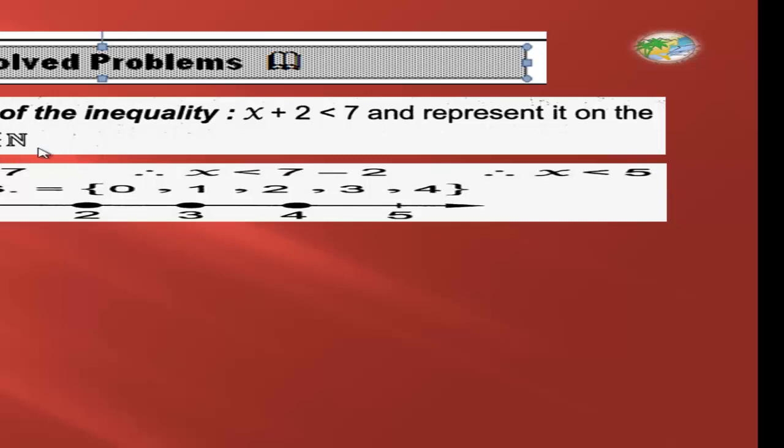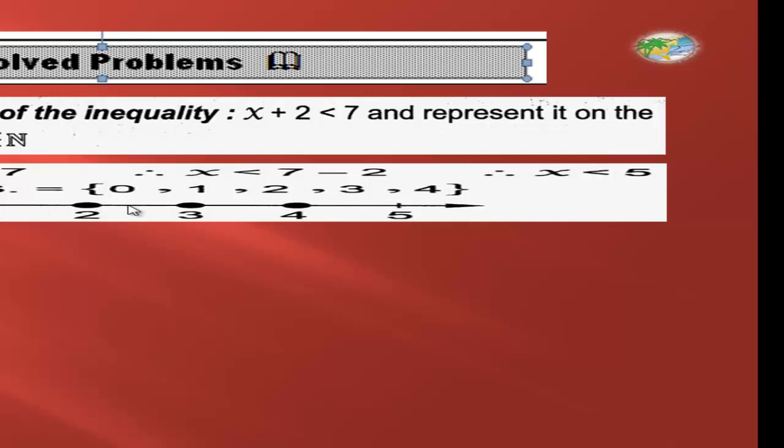Take care of this note: belongs to n means we don't have negative numbers or negative integers. Okay, so 0, 1, 2, 3, 4. If anyone writes negative 1, negative 2, that's wrong, because this is the difference between belongs to n and belongs to z.